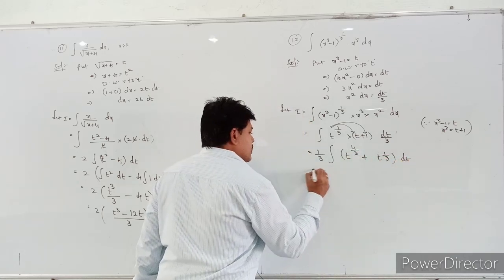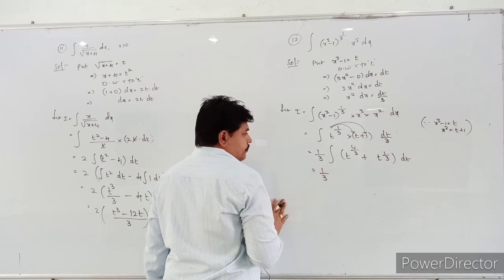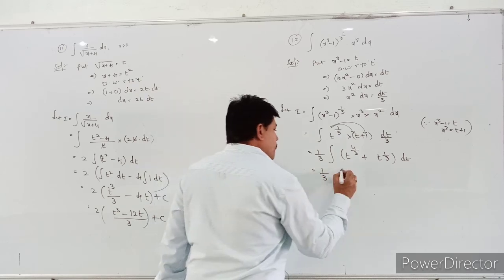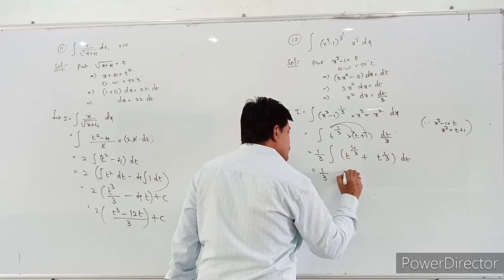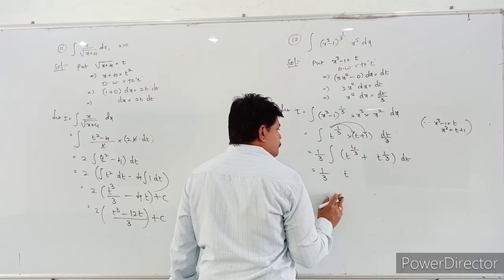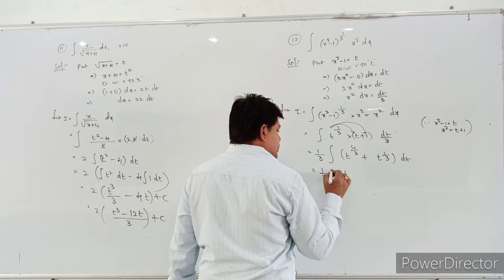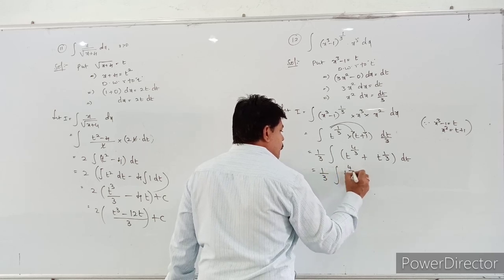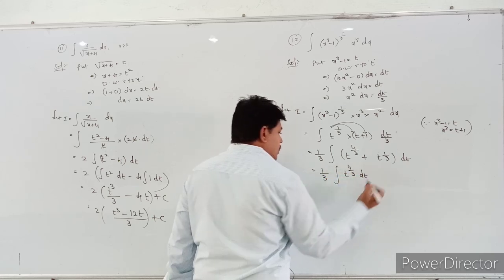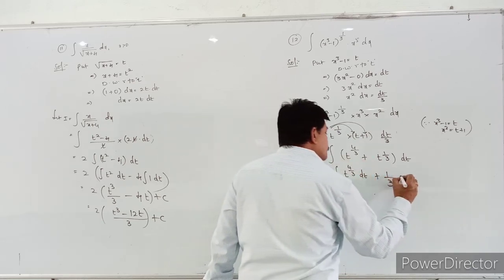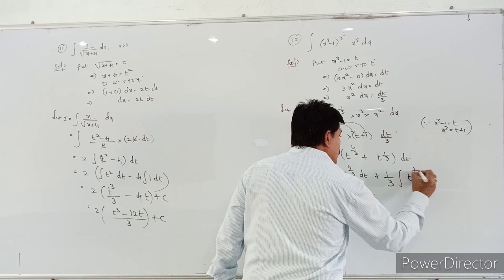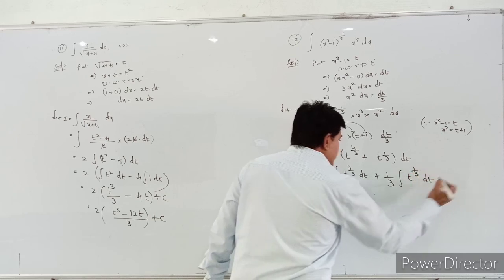Separate the terms here, students: 1 by 3 into the integral of t power 4 by 3 into dt, plus 1 by 3 into the integral of t power 1 by 3 into dt.